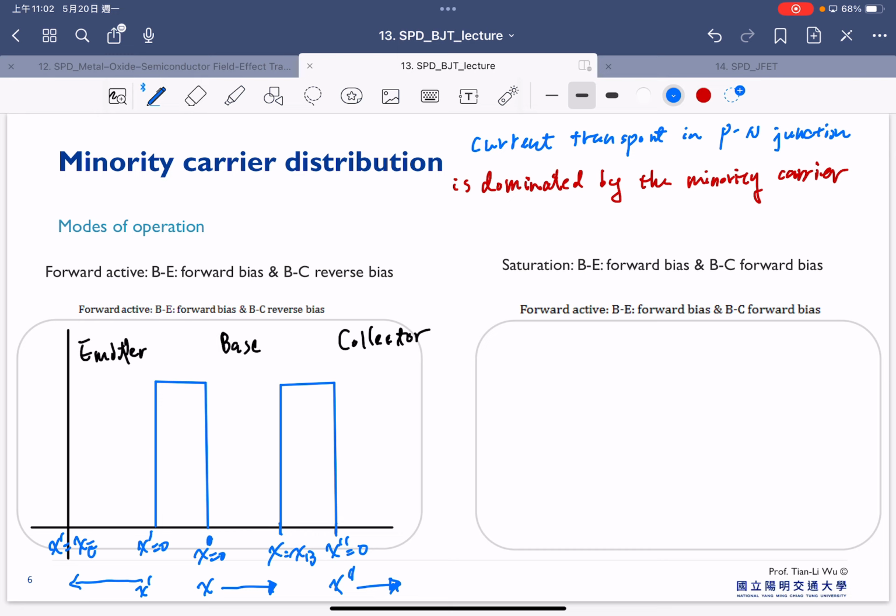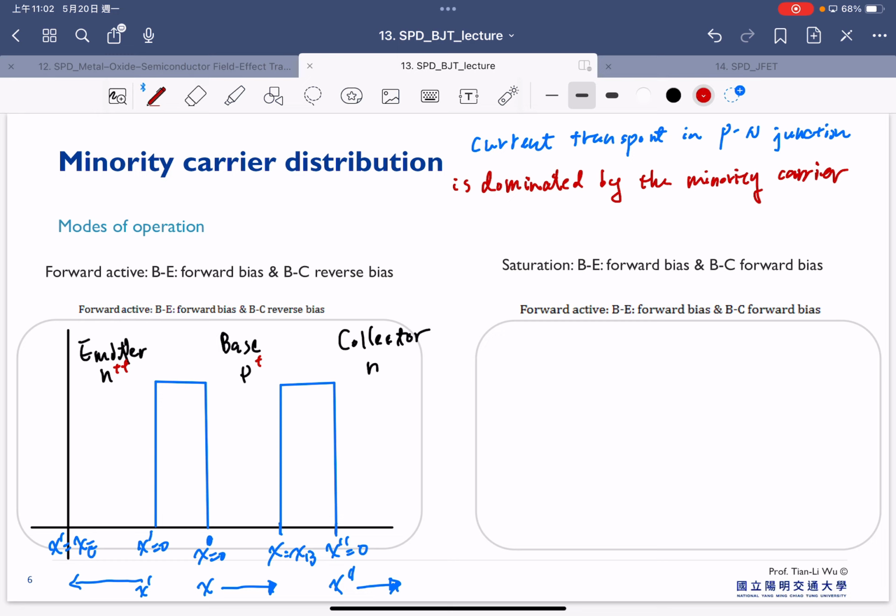And now we have to consider that in reality, in here we consider the case of the NPN, but actually we consider the case of N plus plus, P plus, and N here.